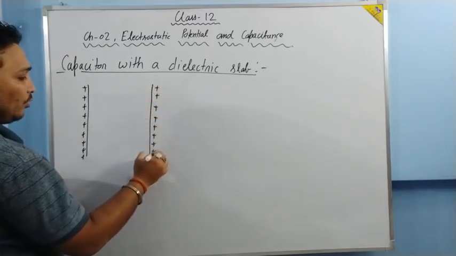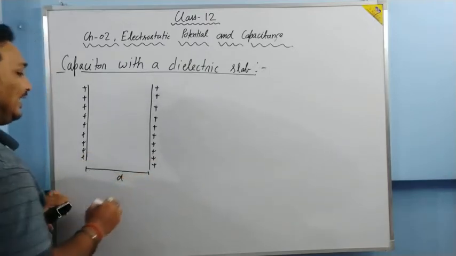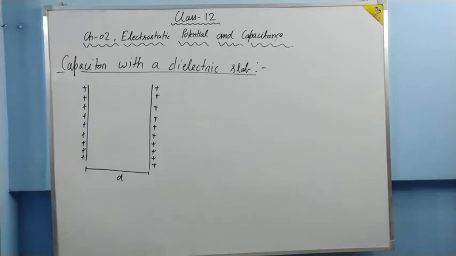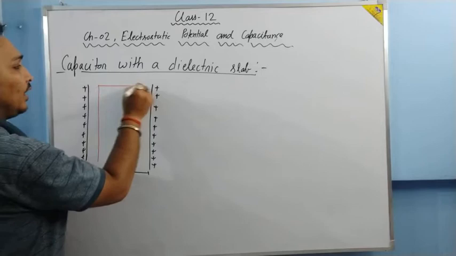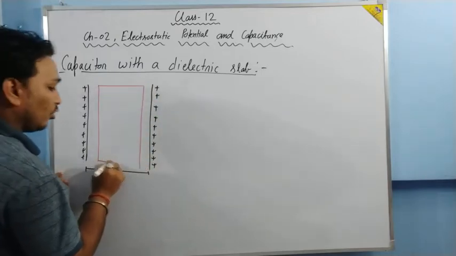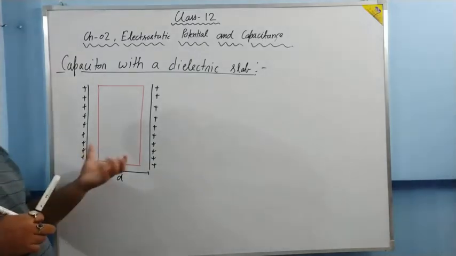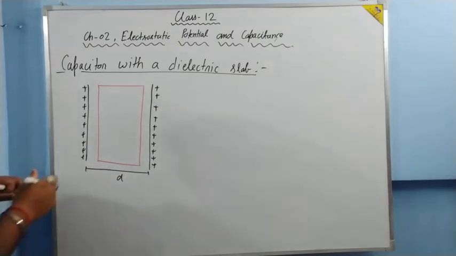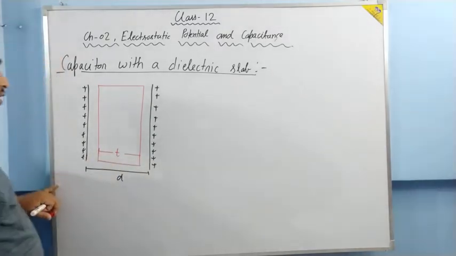Obviously the plate area we are going to take as A and the separation between the plates is D. Now what is new over here is that there is a dielectric slab between the plates, and this dielectric slab does not fill the space completely. Actually, with this dielectric slab the capacitor is partially filled. Let us say that the slab thickness is T.